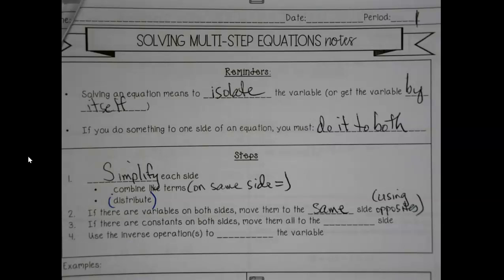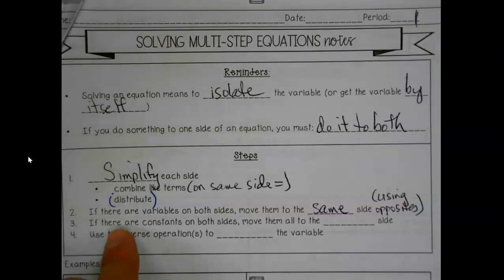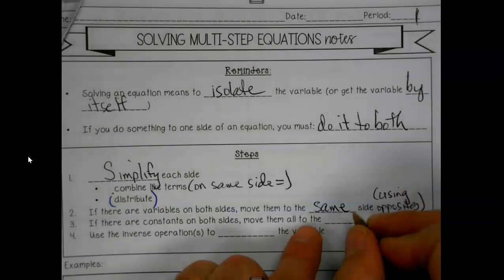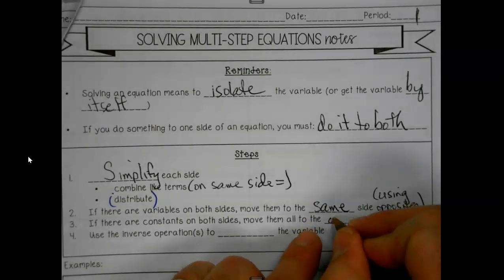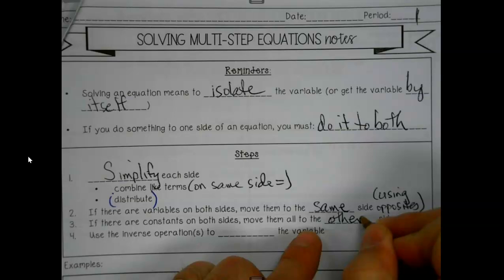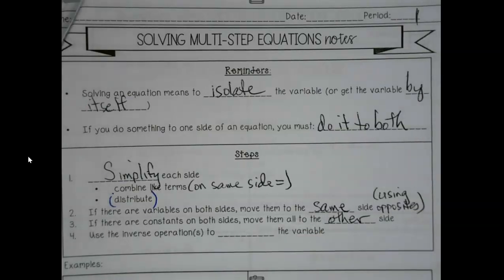If there's constants on both sides, move them all to the other side of the equation, because we want all the variables on one side, we want all the constants on the other.